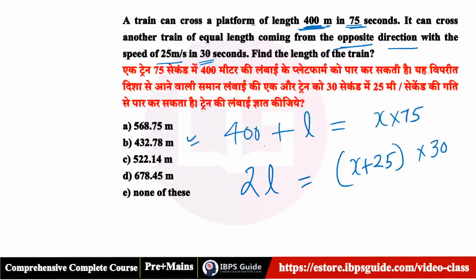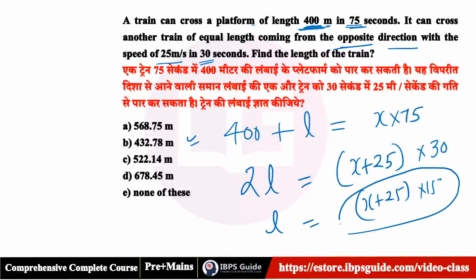So either you find x from here, and in place of L put this, I think that would be easy: in place of L put x plus 25 into 15. So 400 plus 15x plus 15 into 25 is equal to 75x. Okay, so 400 plus 15 into 25.